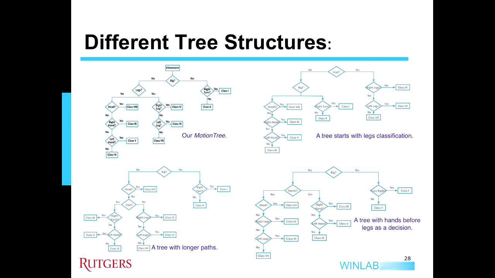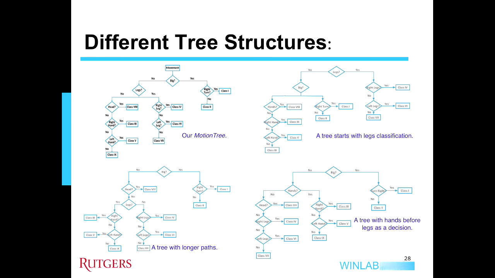The same case applies if we start asking about the head instead of the leg here. We will end up with a tree that has longer paths in some way. The deeper we go, the more error we will get. So we're trying to keep the best classifier on top and the tree as short as possible.